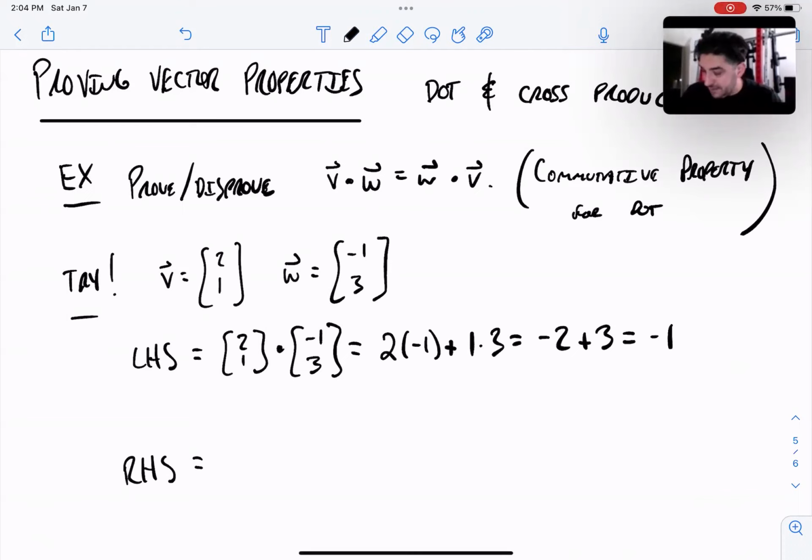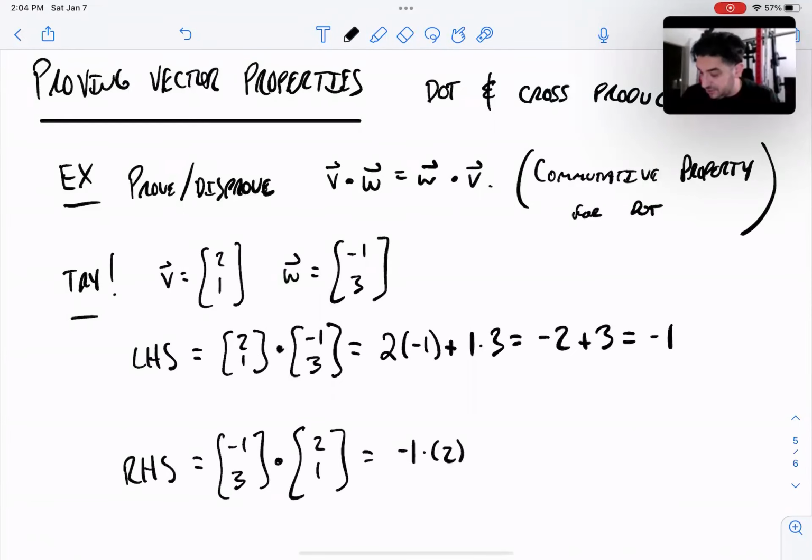And then the right-hand side: I have -1, 3 dotted with 2, 1, which becomes -1 times 2 plus 3 times 1, which is -2 plus 3, which is -1. Oh, they match. Good.